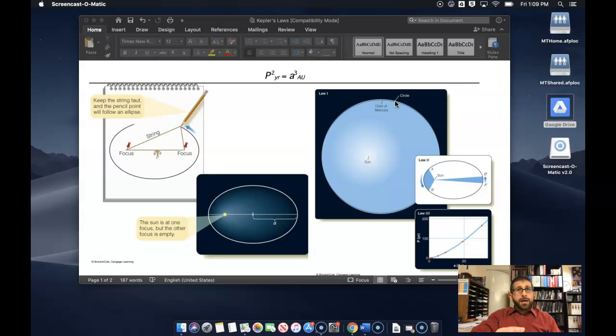Now, previous to Kepler's laws, these ways of managing this with the geocentric model included things like epicycles, as we've discussed in class, but Kepler was the first one to realize that these were not circular orbits, and that was the result of his adoption of Tycho Brahe's data set, which he actually stole from Tycho Brahe upon his death.